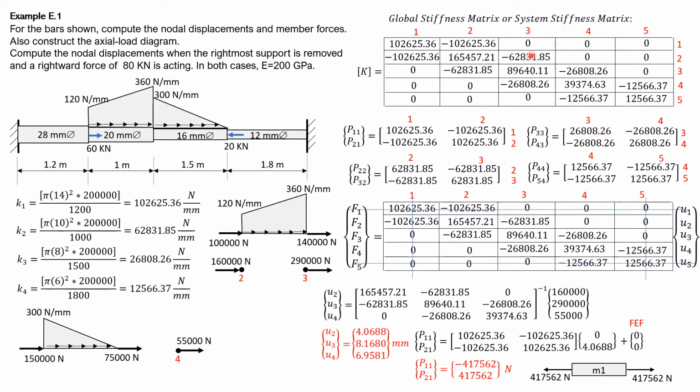This is row 2, column 3. There's only this one. There's no other row 2, column 3. So we copy that value, negative 62,831.85. And that value is the same in row 3, column 2. K23 is equal to K32.